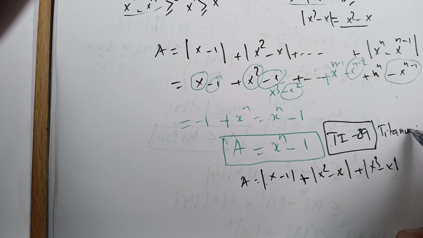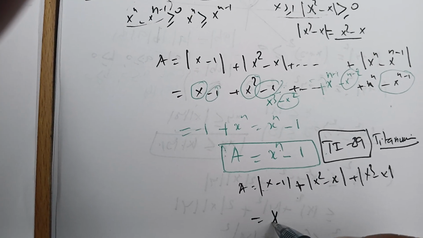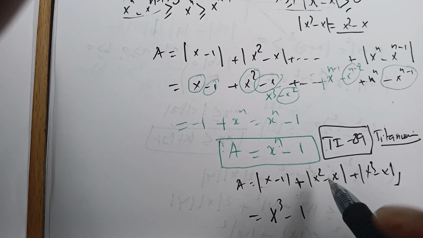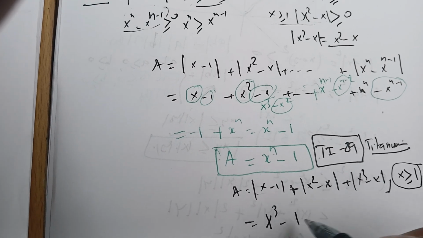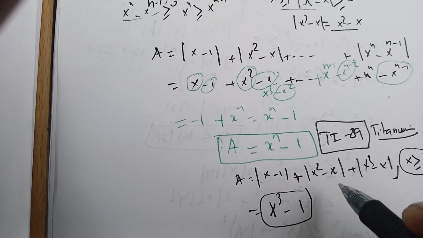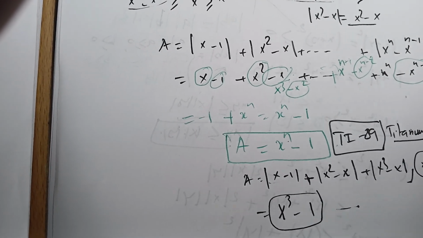Yes, it has to be the Titanium. Do it and you're going to see that you have x cubed minus 1. But impose the condition that x is bigger than 1, and it will give you this one exactly. This is an example. And I think that's it. Thank you very much.